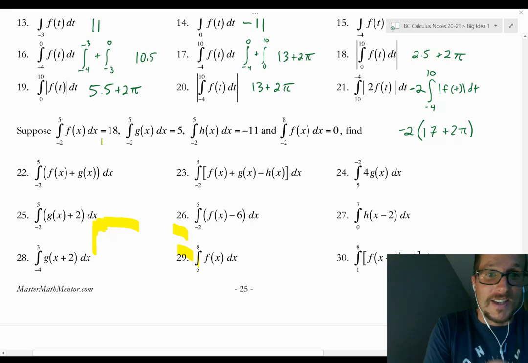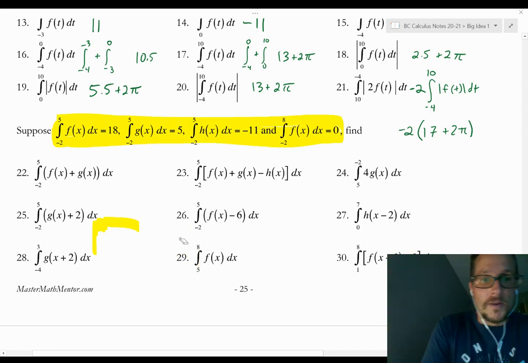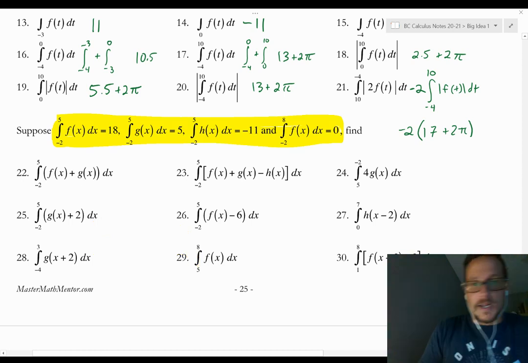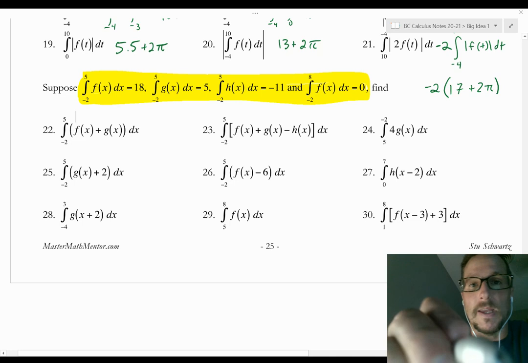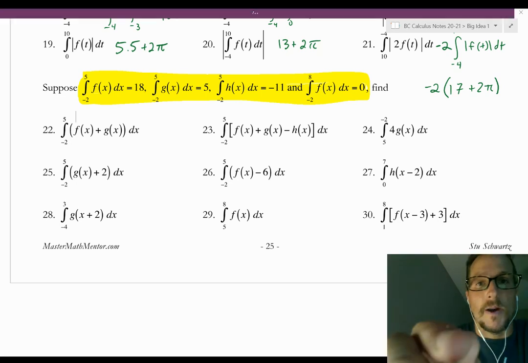All right. We're going to be able to use that, mix it up in certain ways, and hopefully we can evaluate some of these integrals. So the first integral is negative 2 to 5 of f plus g. Well, we're going to use the property that says we can split those apart.